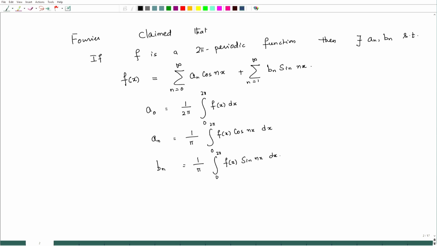Okay. So, this was the claim of Fourier.